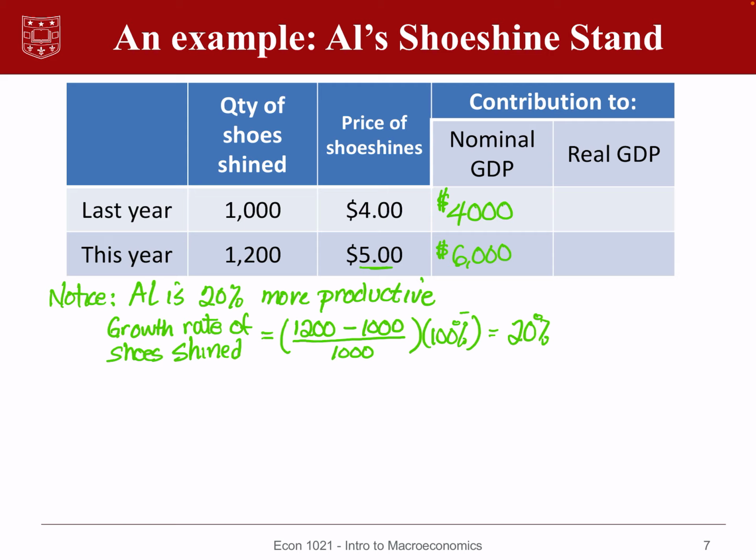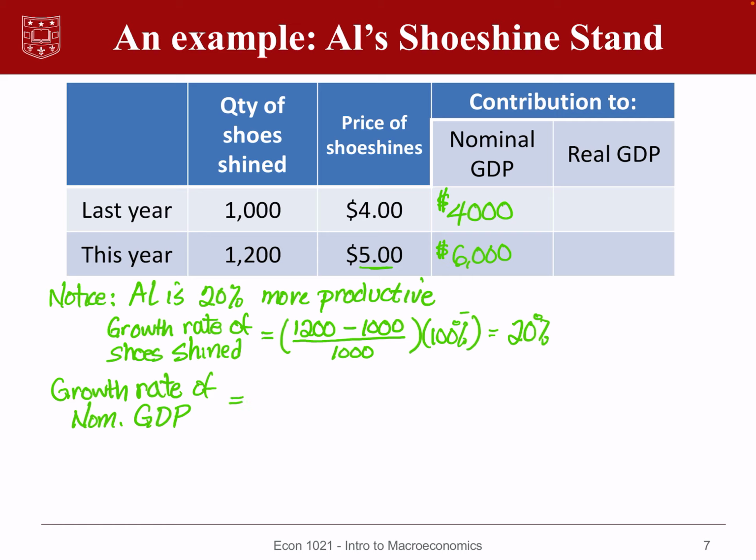What we can do, though, is now notice that if we looked at the growth rate of nominal gross domestic product, or Al's contribution to nominal gross domestic product, so I won't write all that out. I'll just put growth rate of nominal GDP, but it should be understood that that's Al's contribution to nominal GDP.